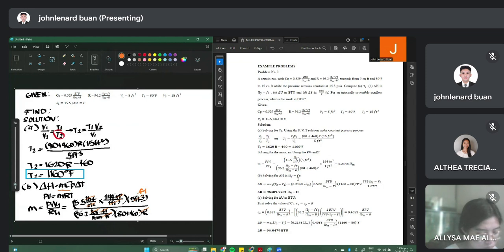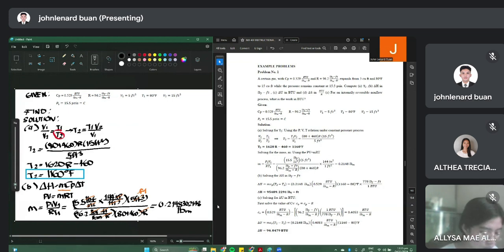Okay? Therefore, ang mass natin is equal to 0.2148 pound mass. Therefore, pwede na nating i-obtain ang enthalpy po natin.